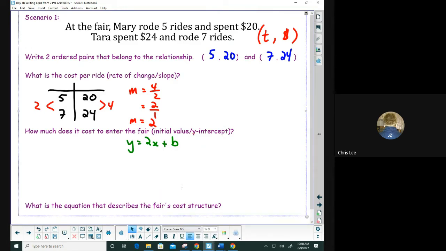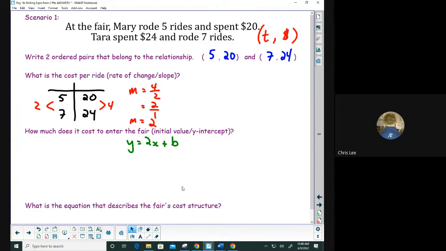How did I figure out the b from the last question? Where are you getting the 20 and the 5? That's right.